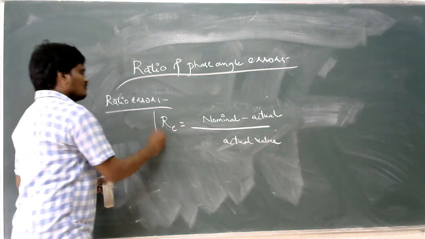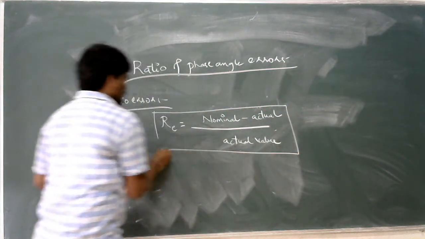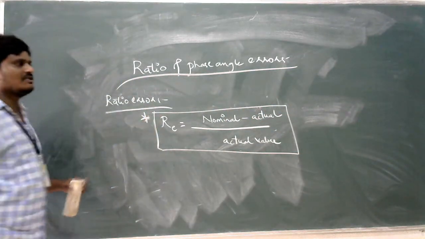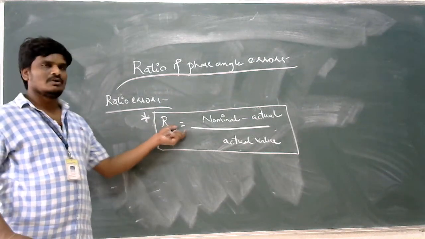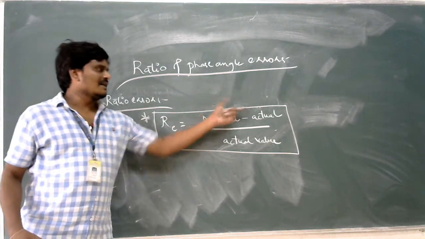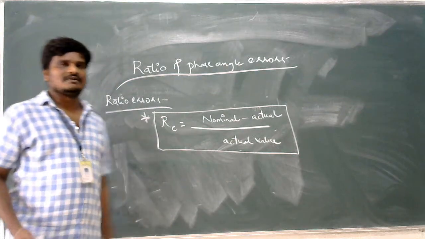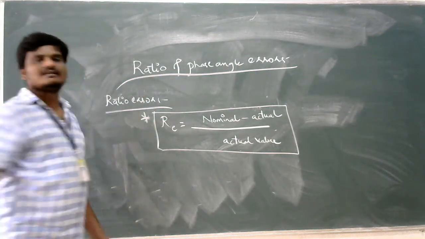This is the formula for calculating the ratio error, which is given as RE equal to nominal value minus actual value divided by actual value.